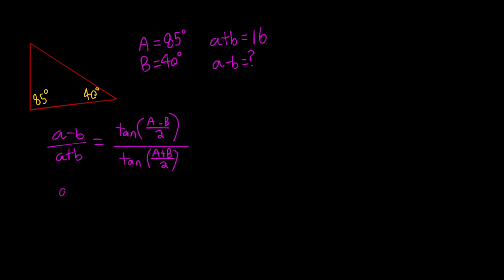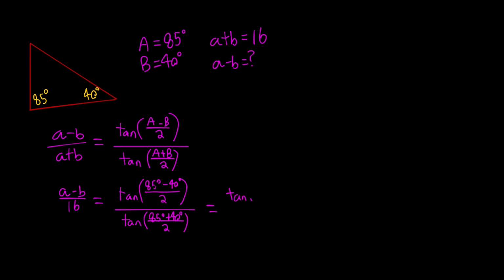What this is going to give me is (a minus b) divided by 16 is equal to the tangent of (85 degrees minus 40 degrees) divided by 2 divided by the tangent of (85 degrees plus 40 degrees) divided by 2. So up top, what that's going to give me is the tangent of 22.5 degrees divided by the tangent of 62.5 degrees.